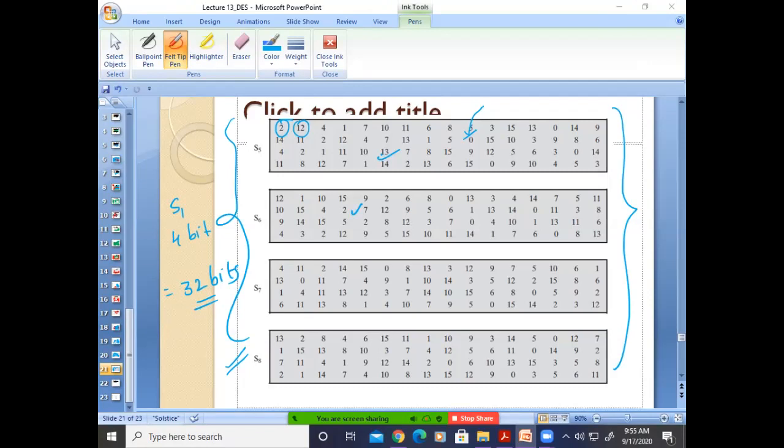But remember, we have to go through multiple operations, and the operations must be unique. I cannot keep all the numbers the same, right? There should be some uniqueness when we are writing the tables, when we are going for the permutations, the sequences, the expansions, which will generate a message with more security.